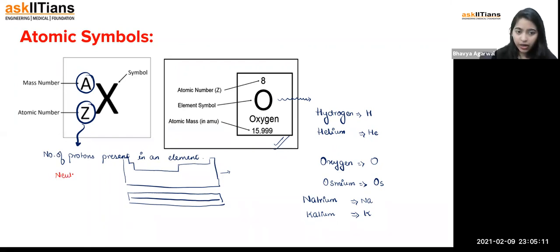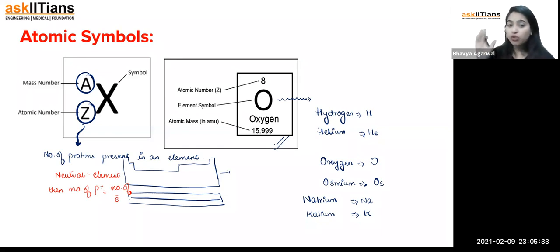So if you have a neutral atom, then the number of protons will be equal to the number of electrons also. So this gives me the entire information about the total number of protons and electrons present in a neutral element.